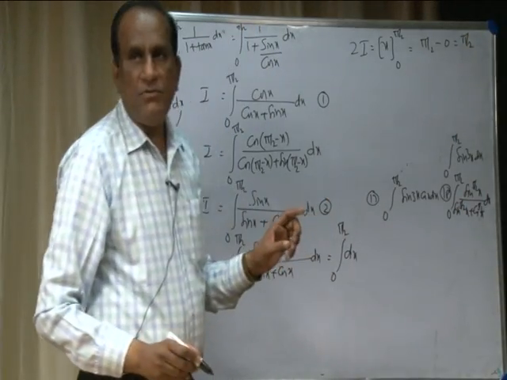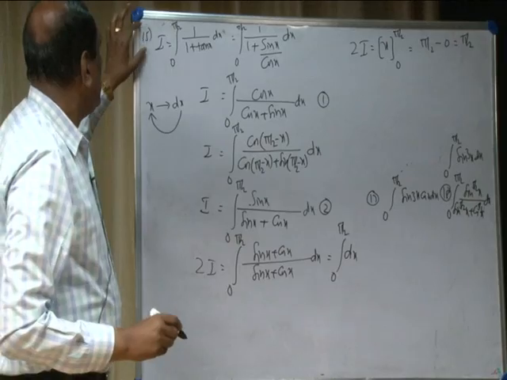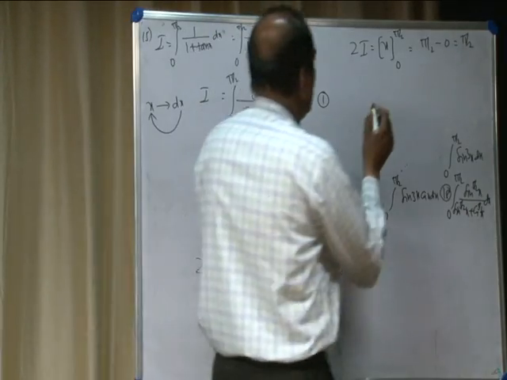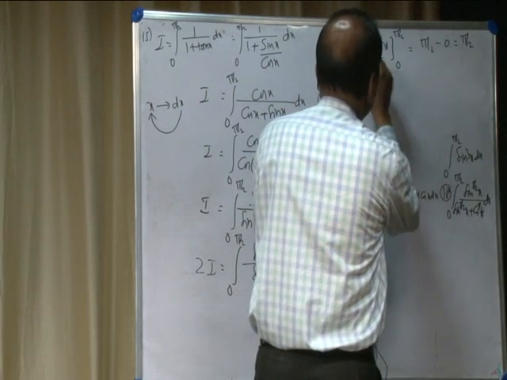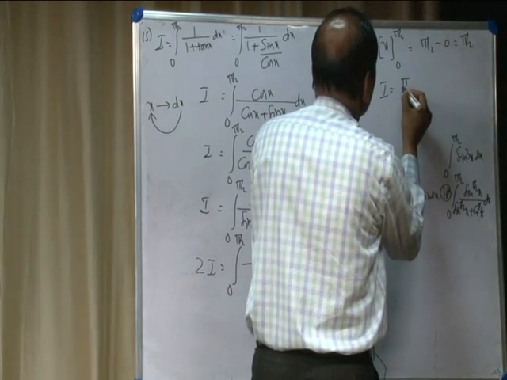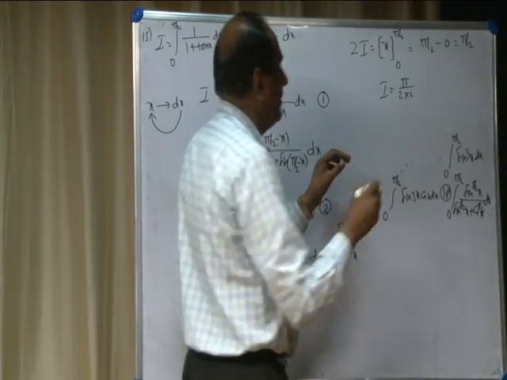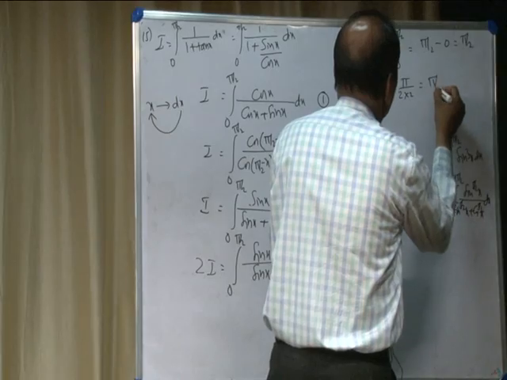This is the value of 2I. We want only the value of I, that is the given integral. Now, 2I is equal to pi by 2, so I is equal to pi into 2 by 2, this 2 goes to the denominator. So, that is equal to pi by 4.